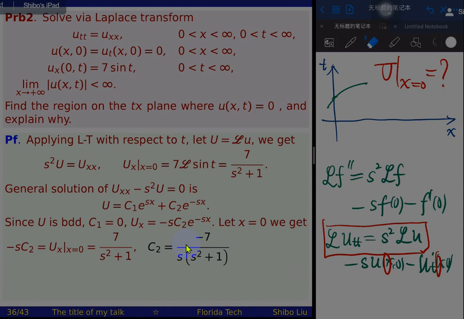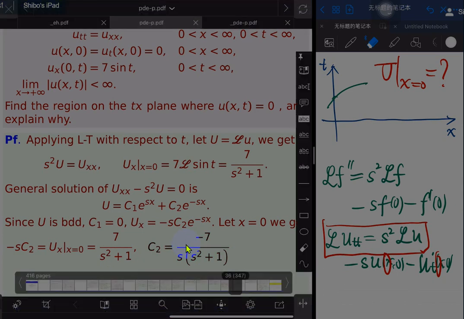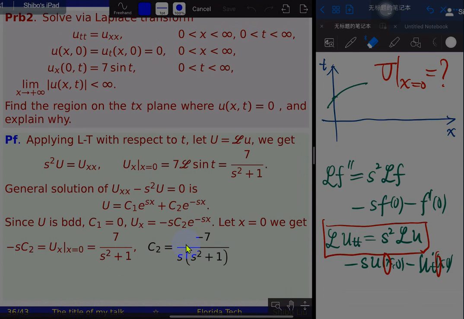Having obtained C2, our U is what? Our U is here. C1 is 0. This is our capital U. Now we already know C2.